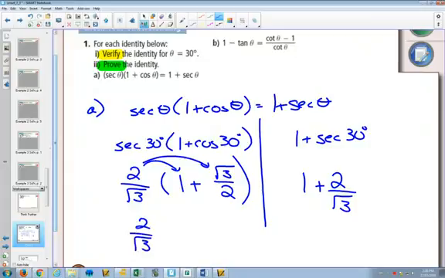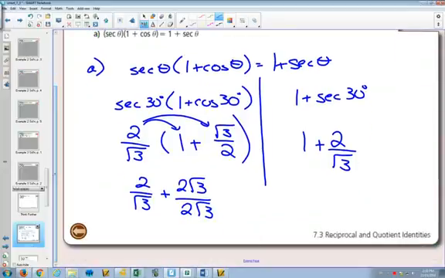And over here, when you multiply the tops and multiply the bottoms, you get 2 over root 3 divided by 2 over root 3, which simplifies to just be 1. Can you see that they're the same? Therefore, the left side is equal to the right side. And you verified it for one angle.